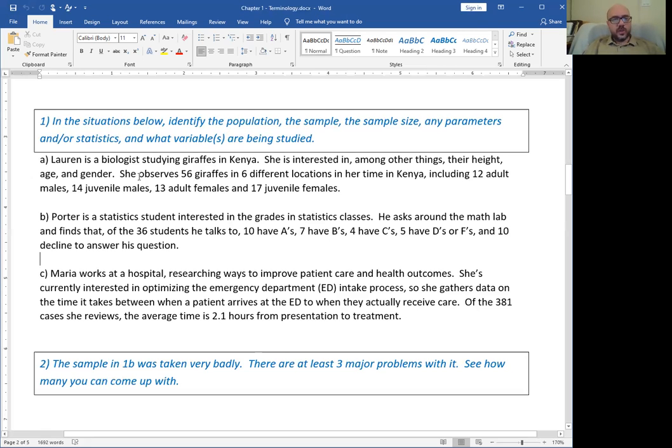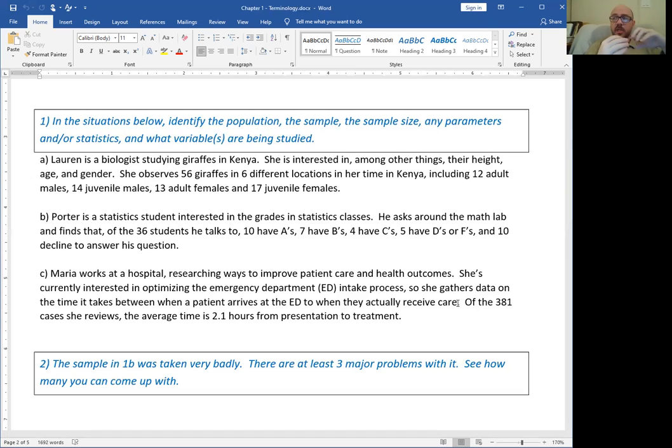Okay, so we want to identify population, sample size, parameters or statistics, and what variables are being studied. So what does it say she's working on? She's currently interested in optimizing the emergency department intake process. So she gathers data on the time it takes between when a patient arrives at the emergency department to when they actually receive care. So the patients presenting to the emergency department is the population, right?